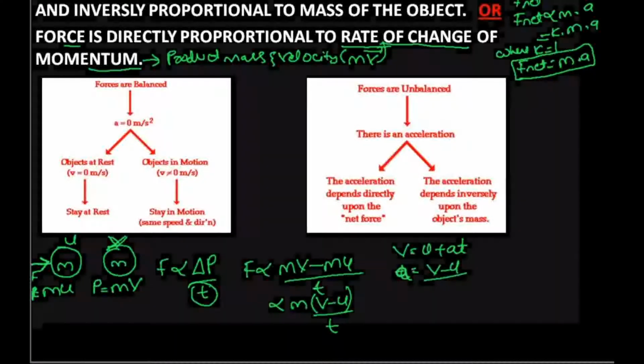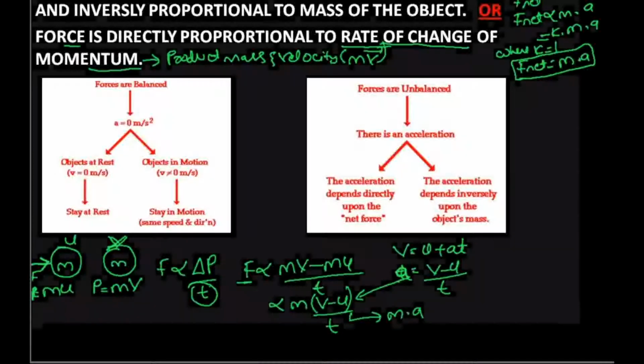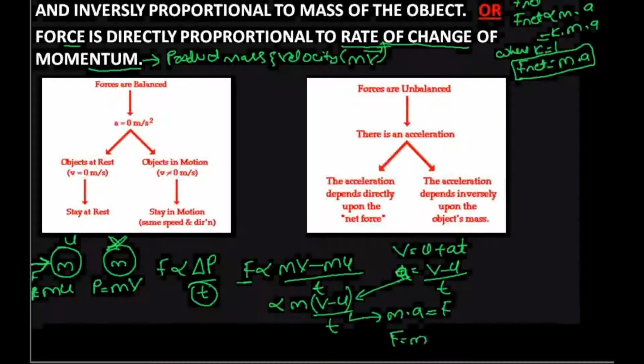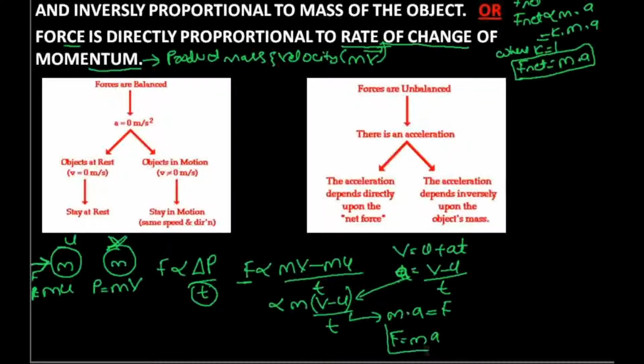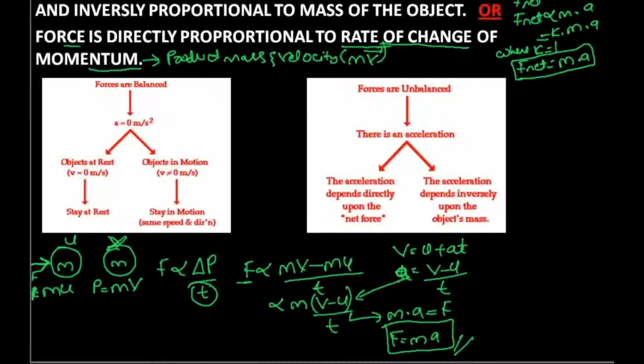Substituting this a into this equation, this becomes m into a, force. F is equal to ma. This is how the formula for Newton's second law is derived from the second statement, that is the rate of change of momentum.